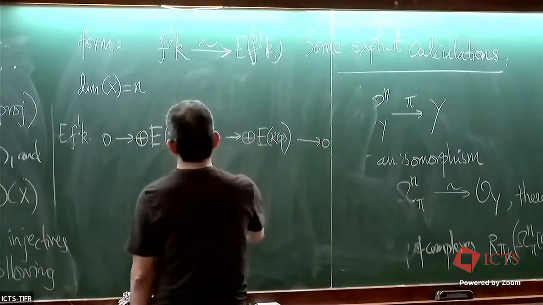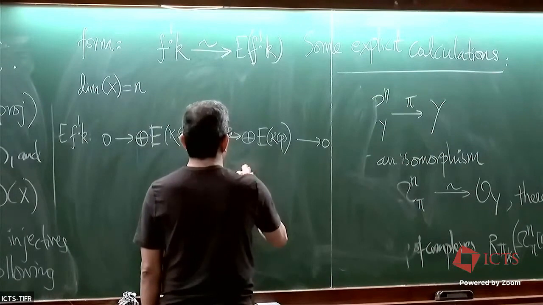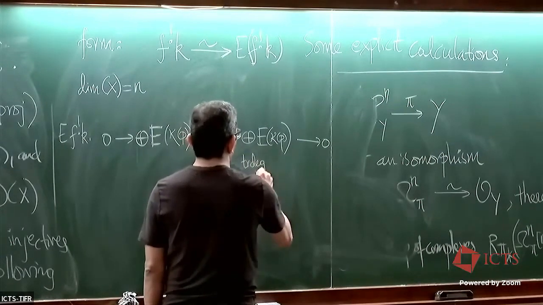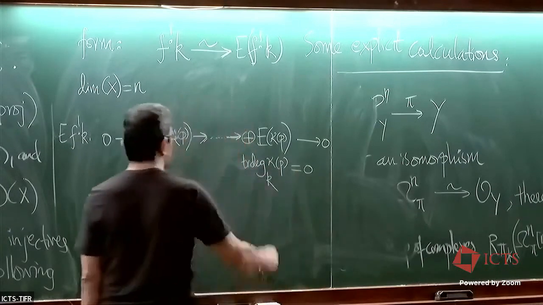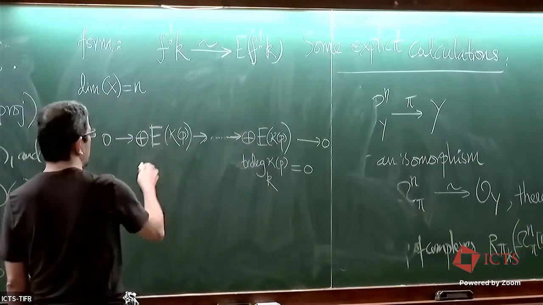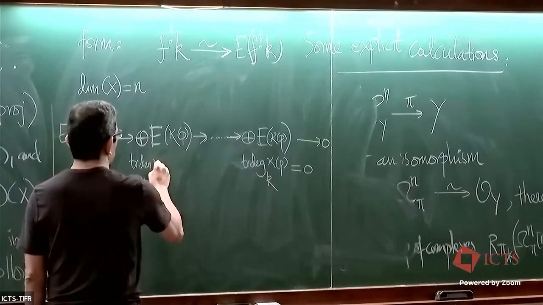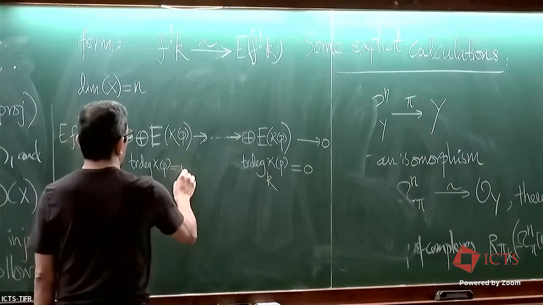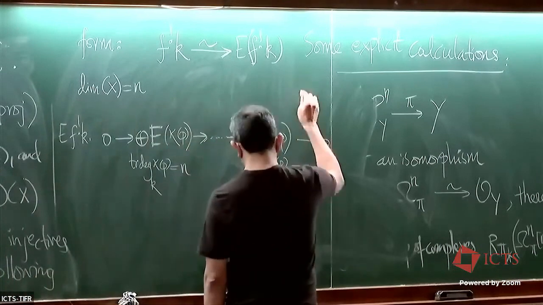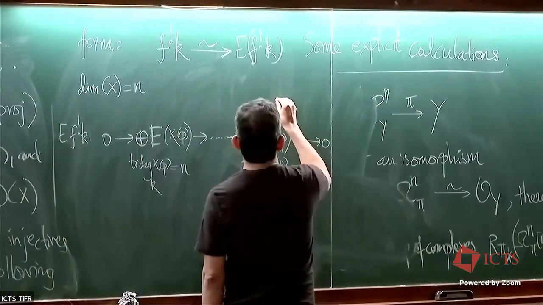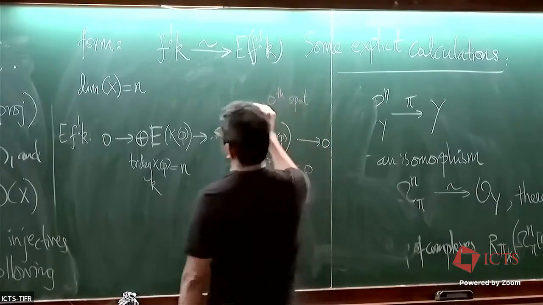So let me complete the sentence here. Every term looks like this, but they are over different points. Here, the transcendence degree of kappa(P) over K is 0. So these are like the closed points, and these are like the generic points. Here, I take the direct sum over points where the transcendence degree of kappa(P) over K is n, and n is the dimension of X. So this is in the 0th spot, and this is in the minus nth spot.